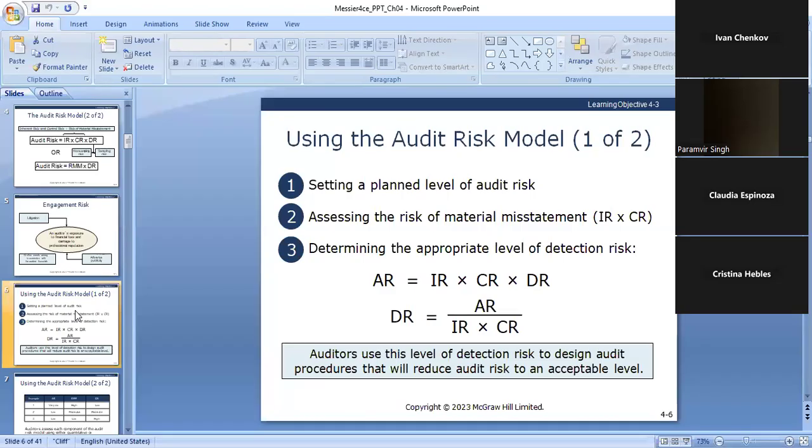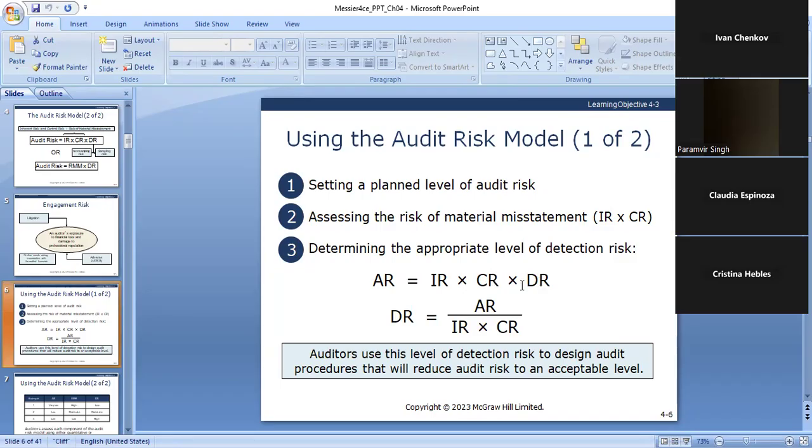And again, let's say my audit risk I'm setting at number 7. So in order to reach 7, let's say this is 2 and this is 4. 2 times 4, now I have 8.